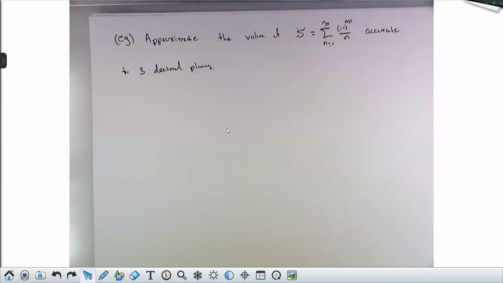We know that for large values of n, Sn should be very, very close to S. The question is, what value of n, capital N, do I need in order to get Sn accurate to 3 decimal places?